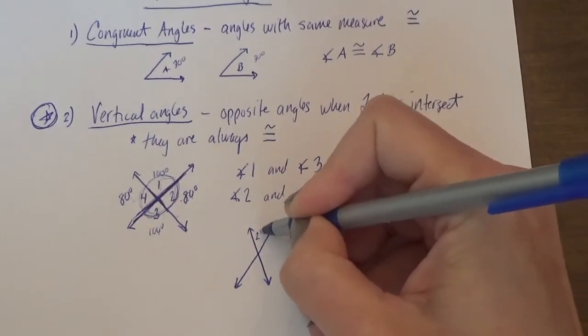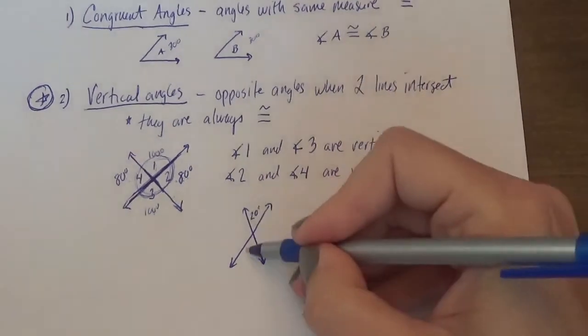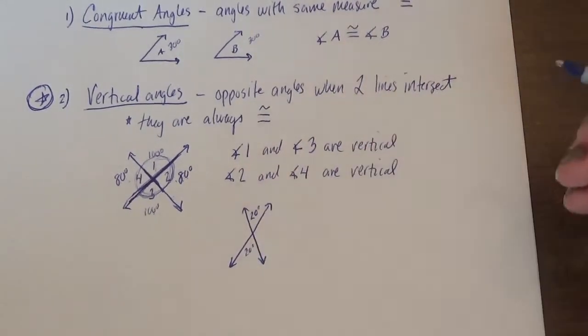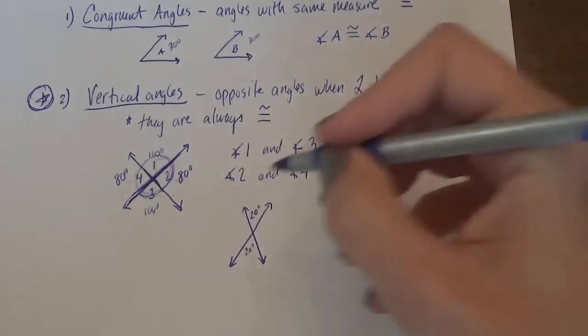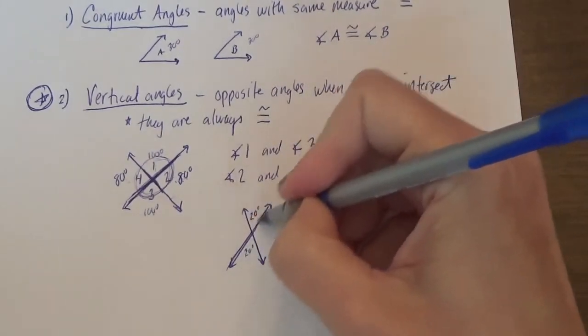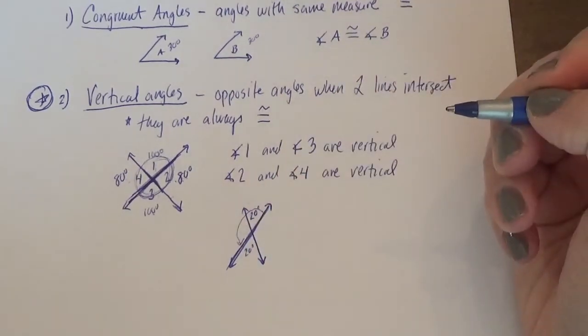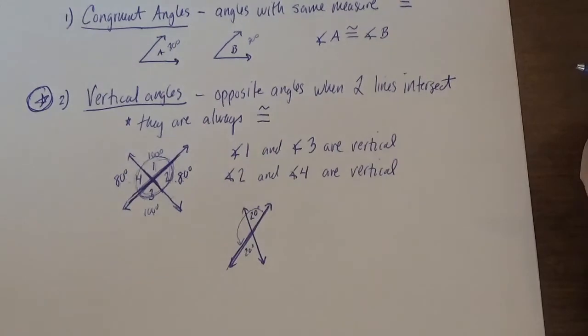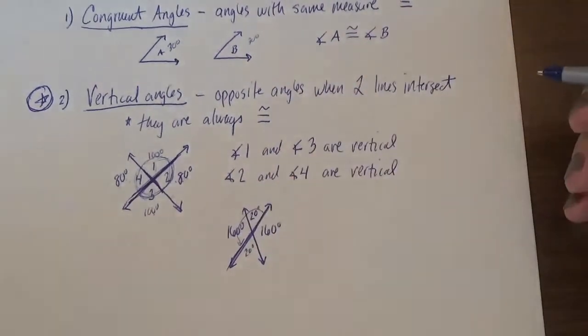Let's say this was 20 degrees. Well, we could figure out right here is 20 degrees. Can you figure out the other two? Well, I see a straight line here. 20 plus this missing one has to be 180. So this is 160, and so is this one because it's opposite.